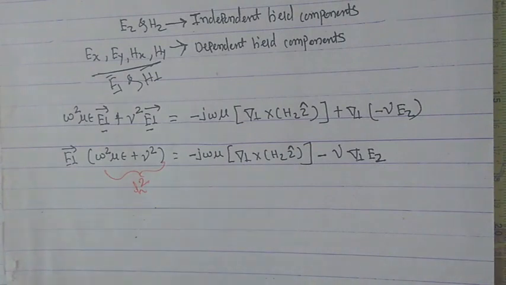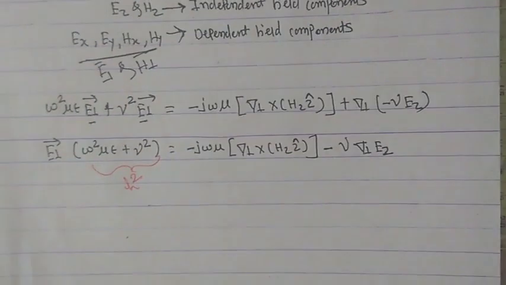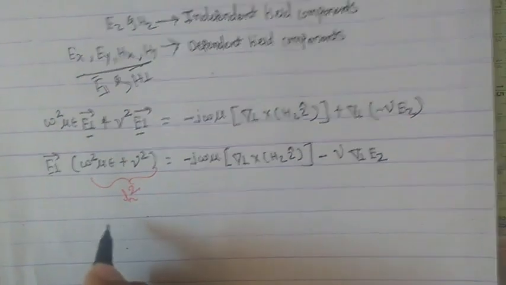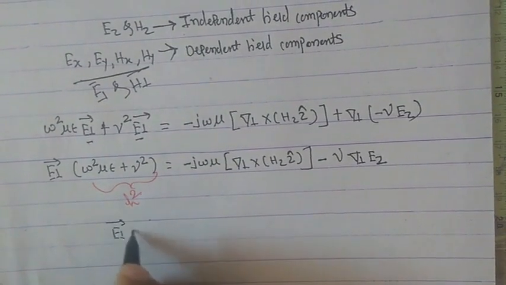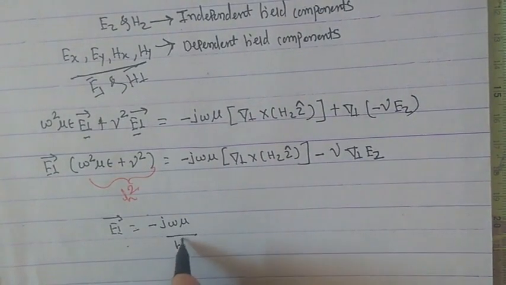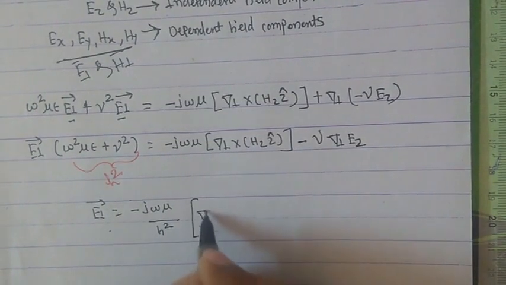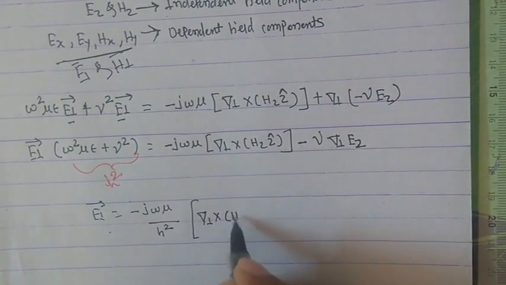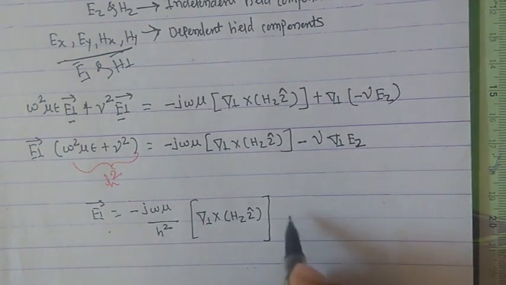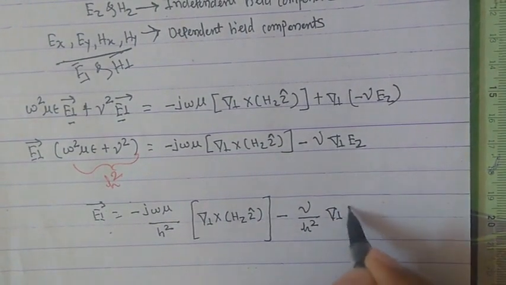Let us consider this is some h square. Actually, this is the propagation constant in the transverse plane, h square. So E transverse is now minus j omega mu upon h square, minus gamma upon h square.